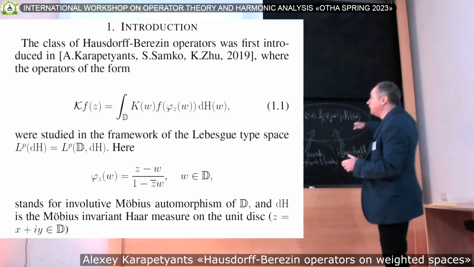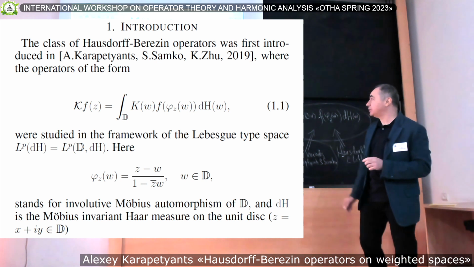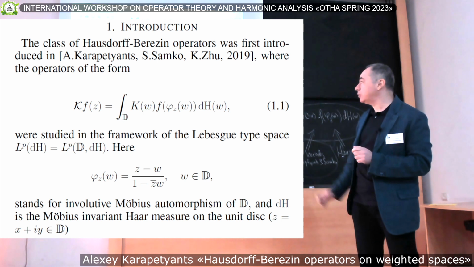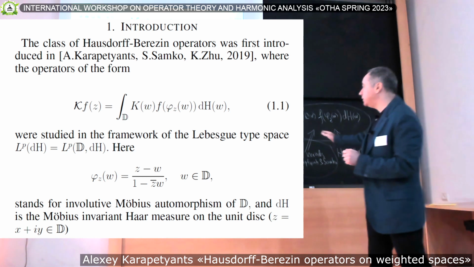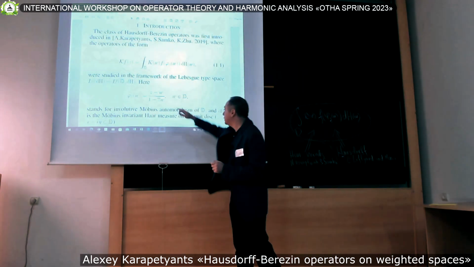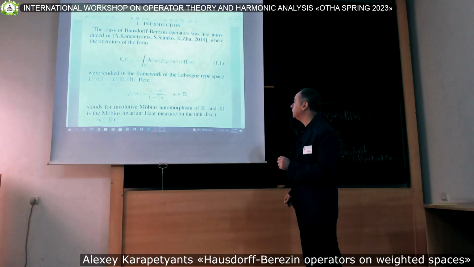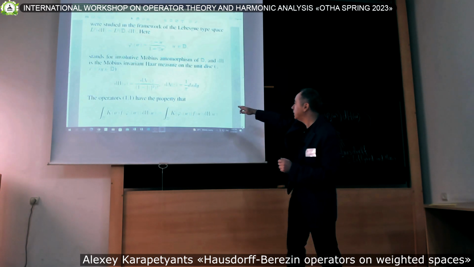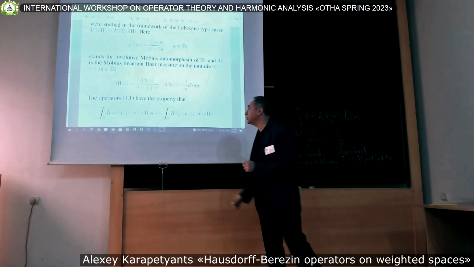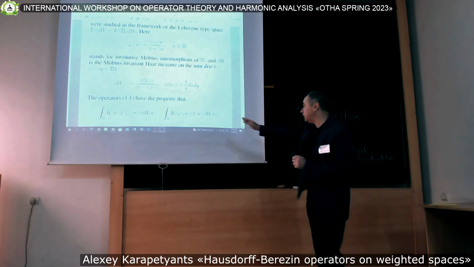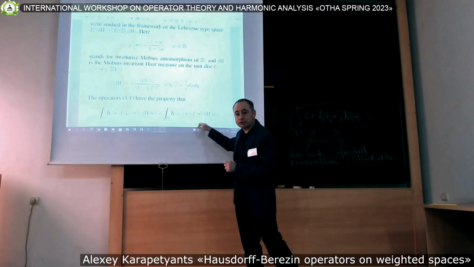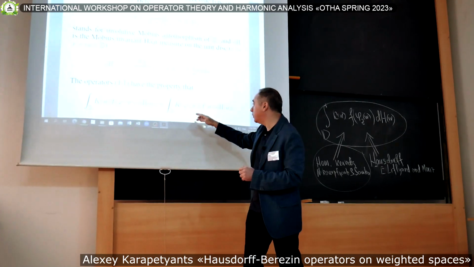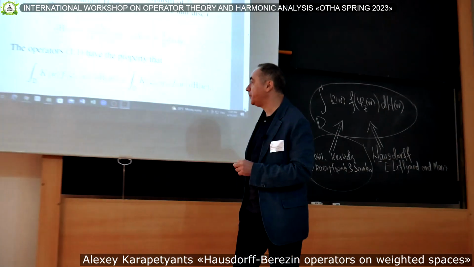That operator appeared in our paper with Zhu and Samko. Here we have the definition of the Möbius automorphism. Here you have the definition of Haar measure and the invariance properties that I just mentioned. You see, you can put the Möbius transform here, or you can put the Möbius transform here.